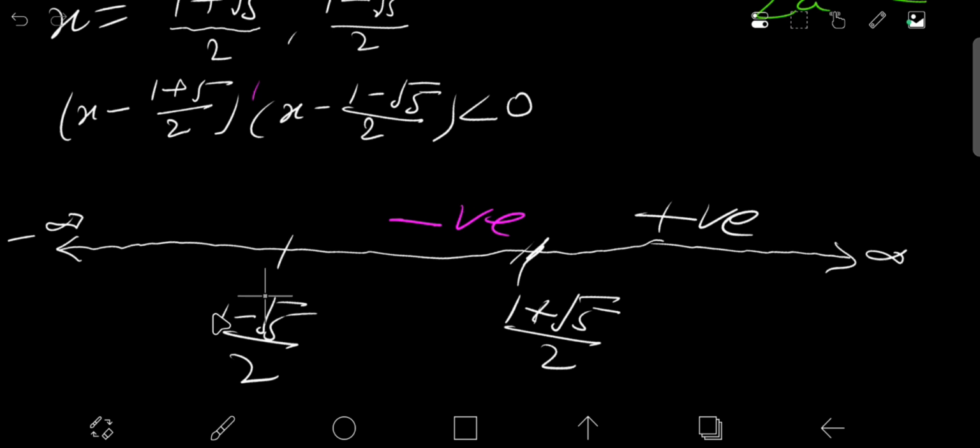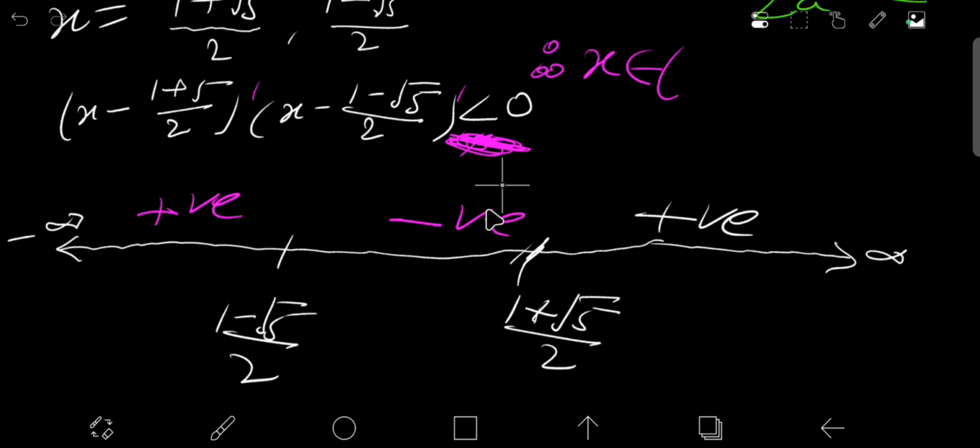This one also has exponent 1, so it is odd, and the sign changes again. Now this inequality is less than, so in the final solution we take the negative interval. The solution is x belongs to the open interval, because no equality sign is given.